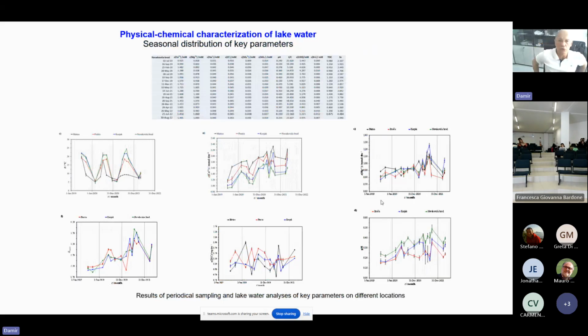Physical-chemical characterization of the lake water was made after analysis of the samples which we took during the season. We did sampling during 3 years, and this is an example. This is a table with different periods of sampling, and what we measured was the content of total calcium, magnesium, sodium, chloride, sulfate, nitrate.